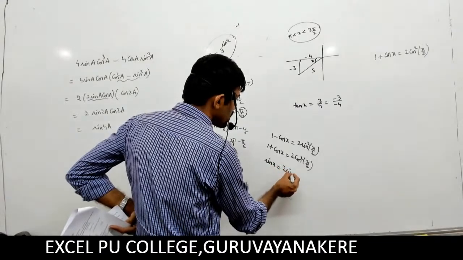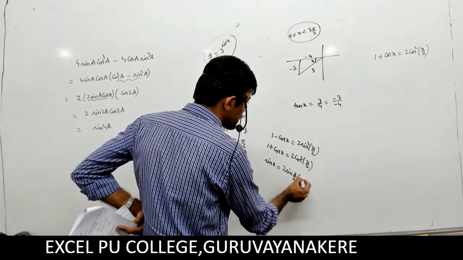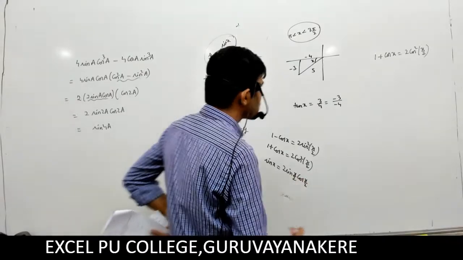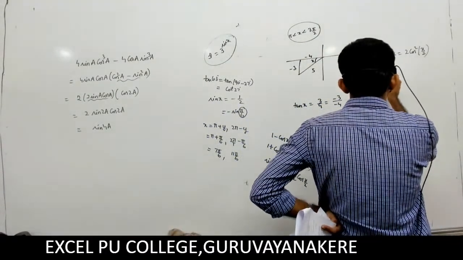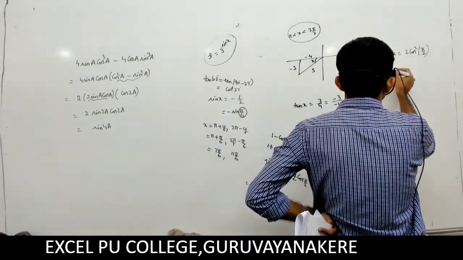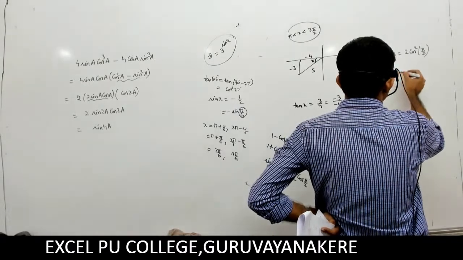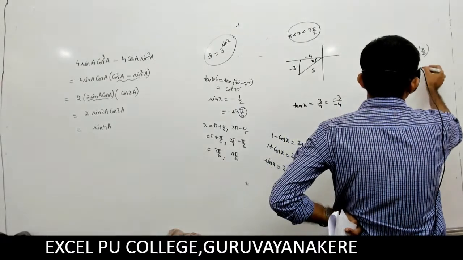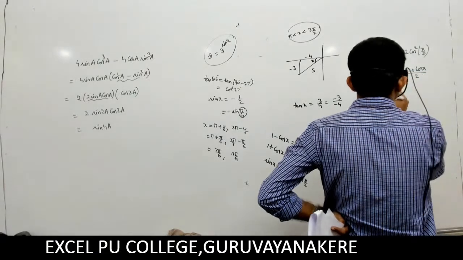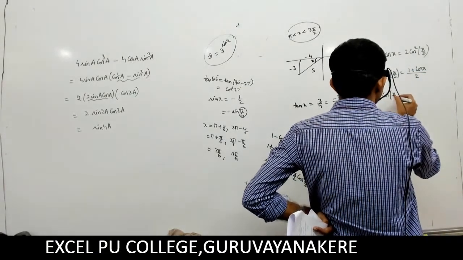From this, what is cos square x by 2? Cos square x by 2 is 1 plus cos x whole divided by 2. From this, what is cos x by 2?